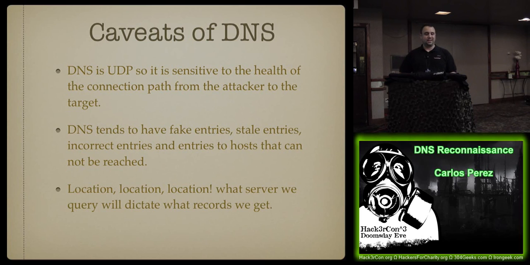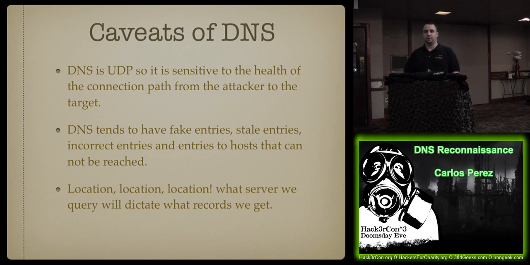Caveats of DNS. DNS is UDP. So everything relies on location, location, location. The closer I am to the target, the better information I'm going to get. So many times, one of the things I try to do is get a VPS service that is in the same area or network address range as my target, or the geolocation of my target.